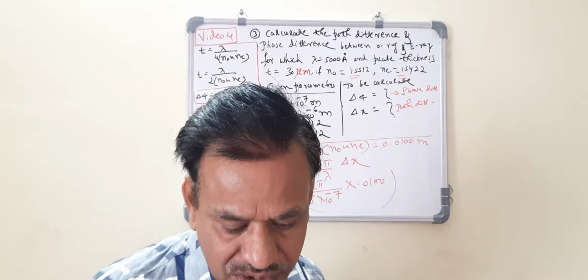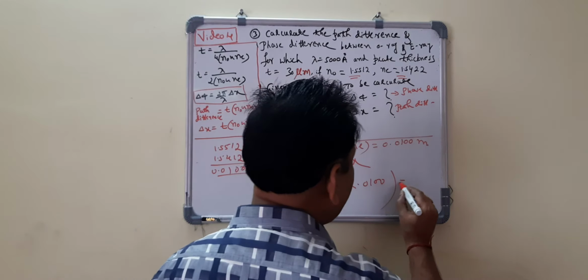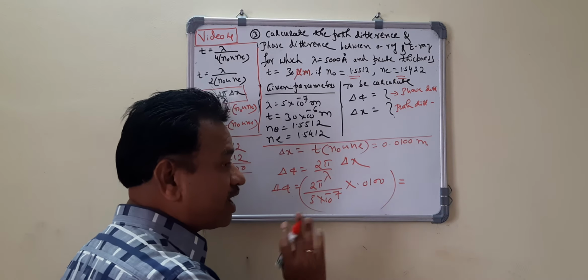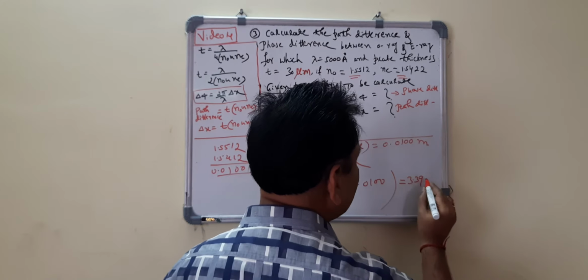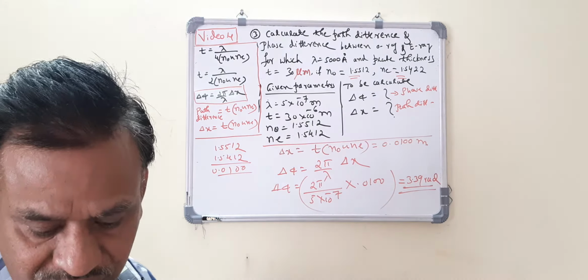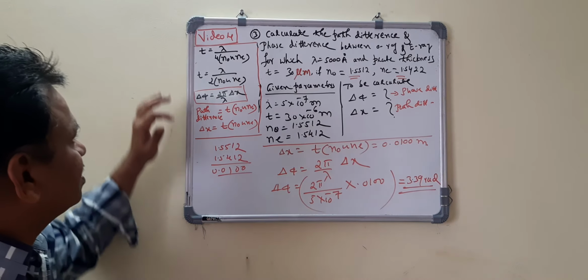Substituting all these values, we can calculate it. The SI unit of angle is radian. Don't write degree and all that. This turns out to be 3.39 radian. I think you understood this.